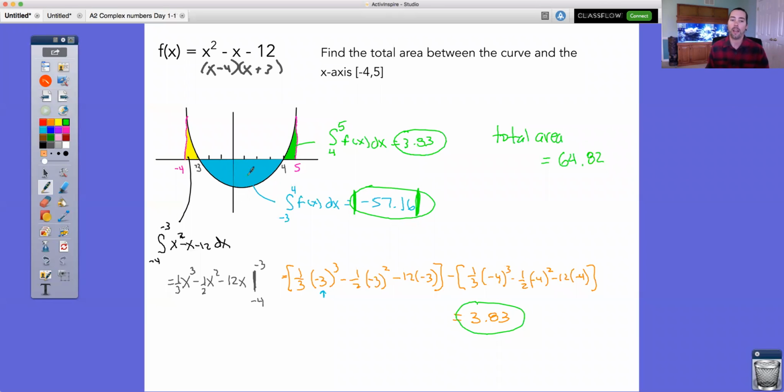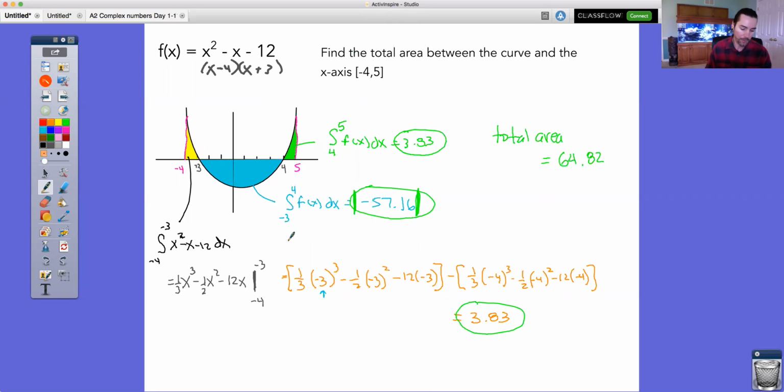Turn that negative area in blue into positive for total area. When I integrated it, I got a negative answer because it was below the x-axis. I'm asking for total area, so I have to think of this as a positive. Okay, that is the answer to the question.